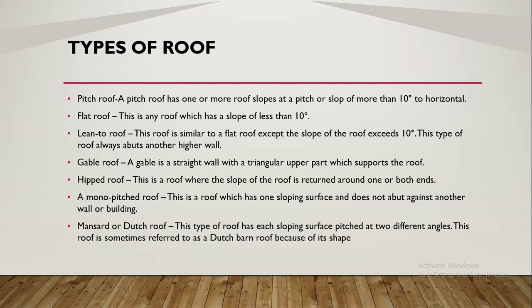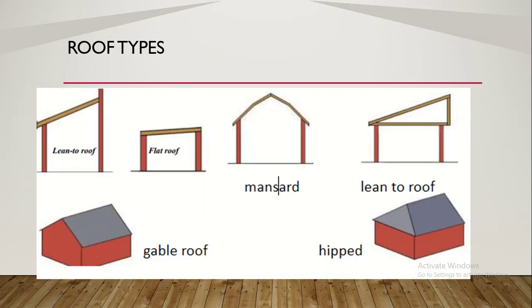Another one is mono-pitched roof. This is a roof which has one sloping surface and does not abut against another wall or building. In many cases you have seen most of those roofs because it is not supported on either surface.